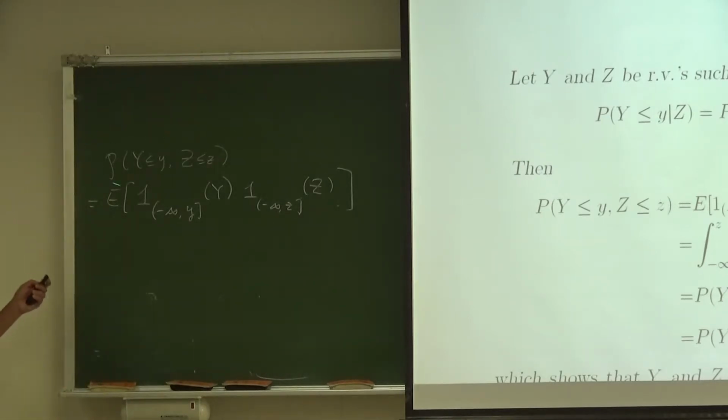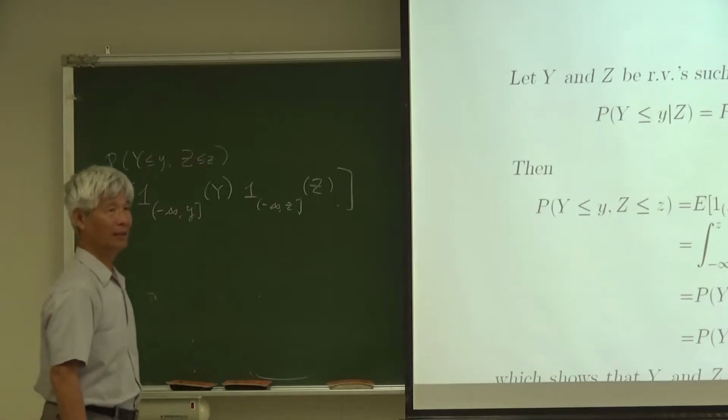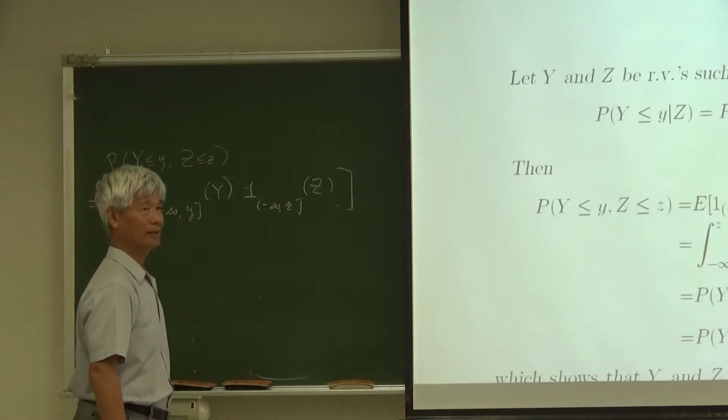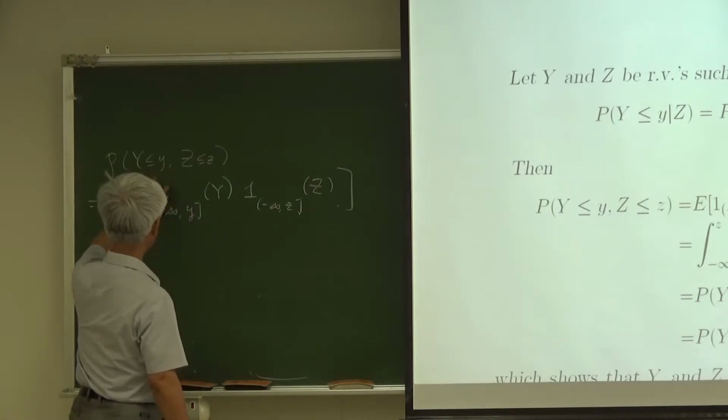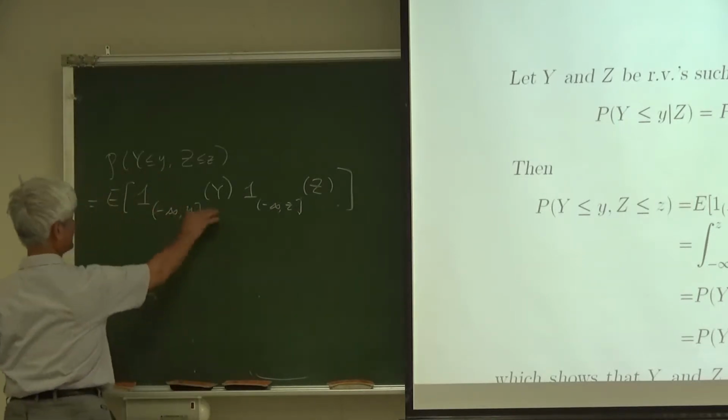So this joint probability is equal to the expectation of the product of these two indicators. When you write it like this, you already treat Y and Z as independent, but you can prove that directly.